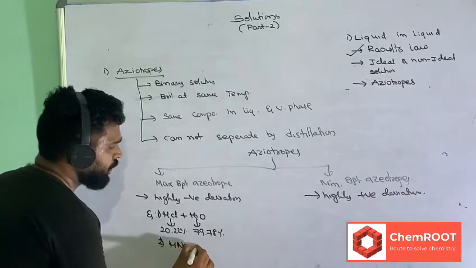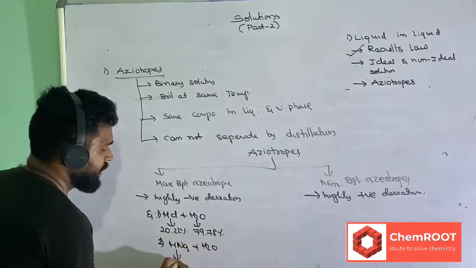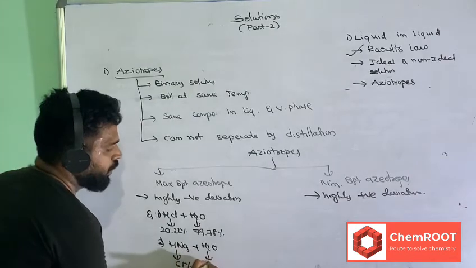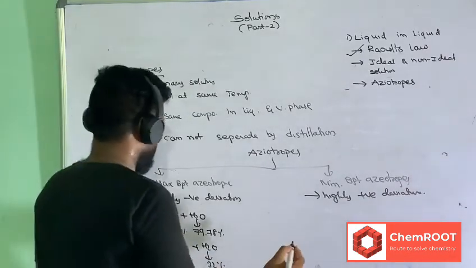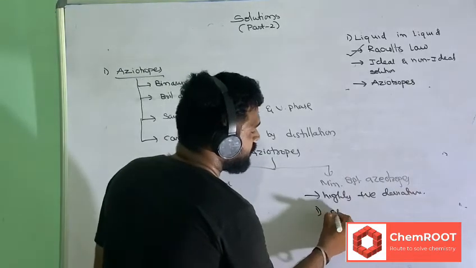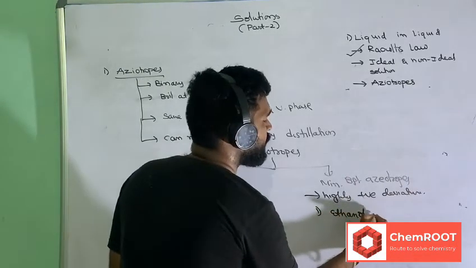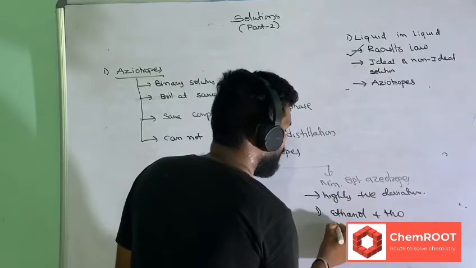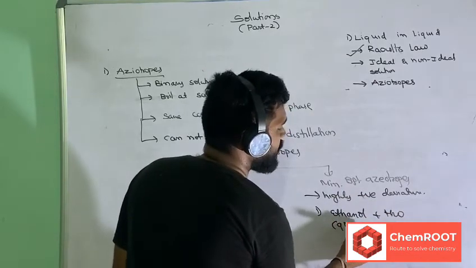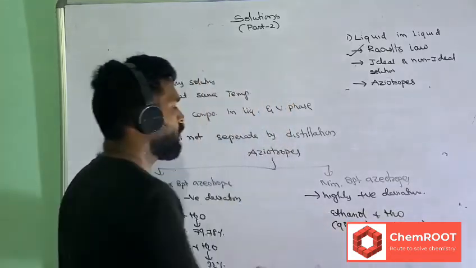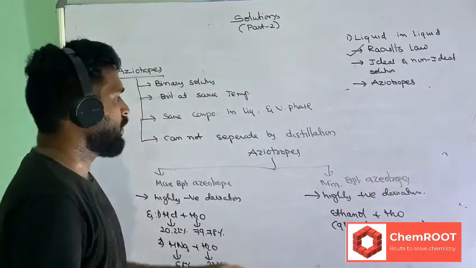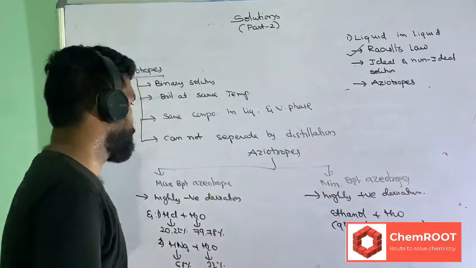HNO3 and water: it is 68% of this and 32% of this. This will be from the azeotropic solution. And in the same way, here the example is ethanol and water. Ethanol 95.6% and this is 4.4%. Okay. So this is the example for minimum boiling point azeotropes.